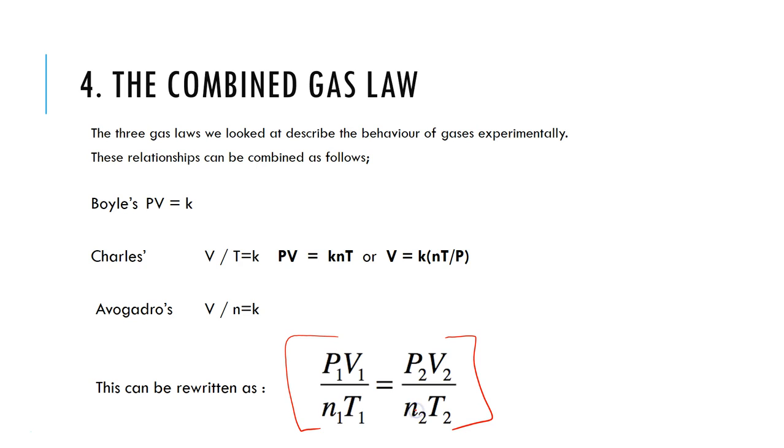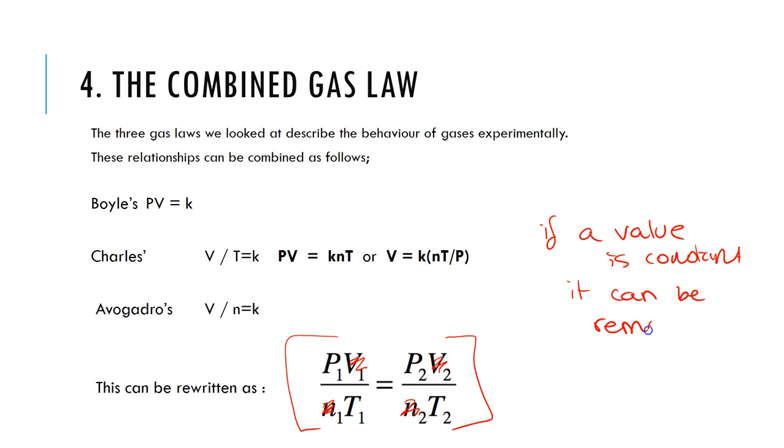If instead we have a constant volume and a constant amount of mole, we get P1 over T1 equals P2 over T2, which is Gay-Lussac's law. Anytime a value is constant, it can be removed from the equation.